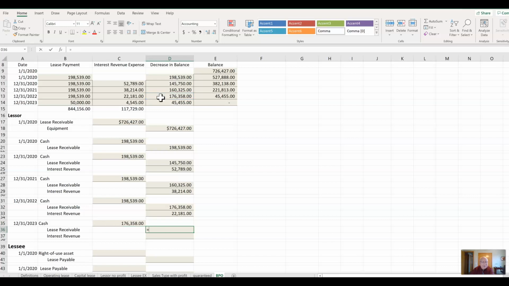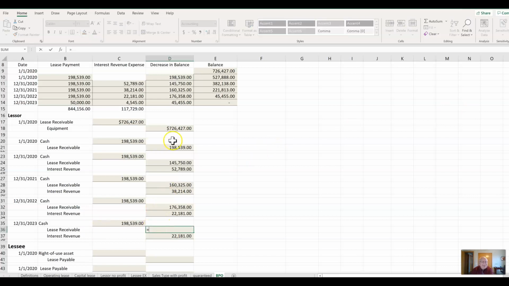Oops, I got the wrong thing there. Let's try that again. I got on the wrong set of books. Okay, 198, that's the cash received. That's 176 and 22,181. Okay. So that takes care of, oh, I got in the wrong set of books again, didn't I?